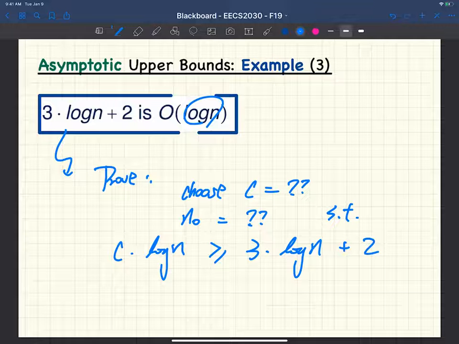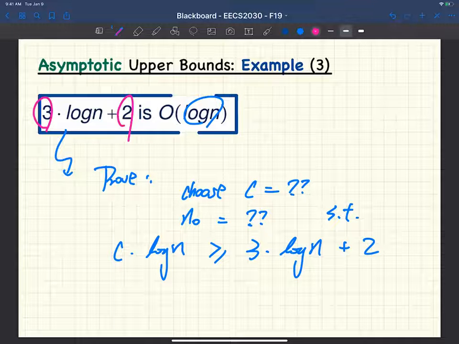What C should we choose? 5, right? According to the strategy, add up the multiplicative constant. That part is not hard. 3 and 2, you just have 5.